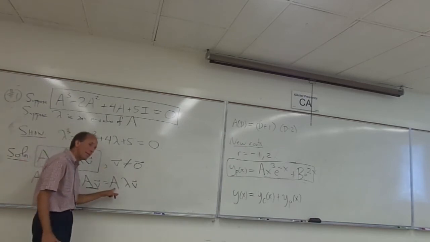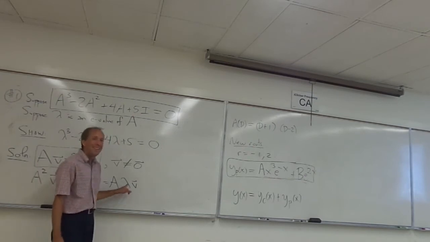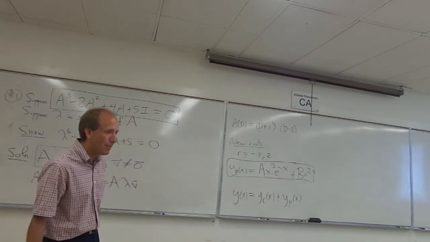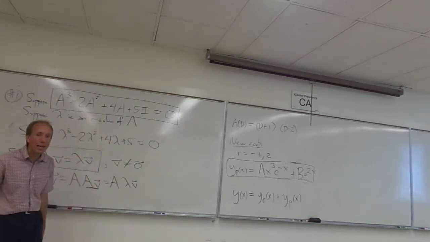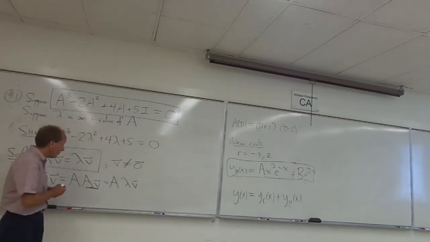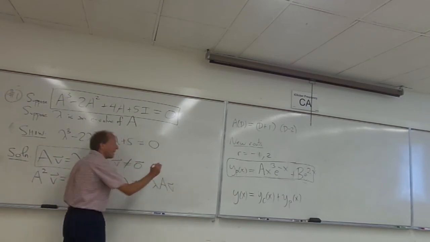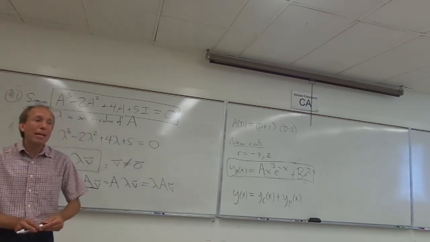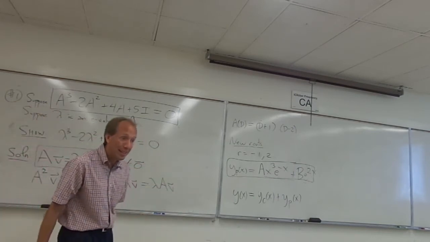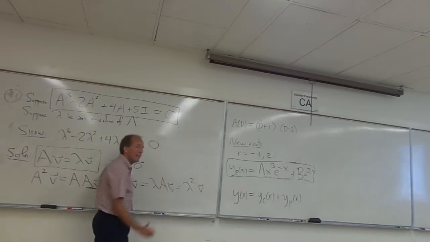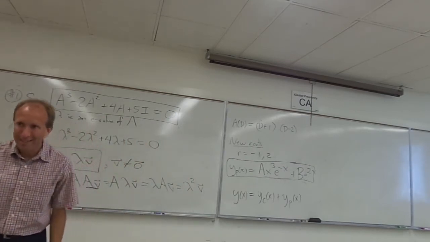This is a matrix, this is a number, and this is a vector. Three different objects in the same span of that right-hand side. Because the lambda is a number, we can pull it out, it's just a scalar. We pull the lambda out in front, and then we have the A next to the V again, don't we? So then we get another lambda, and do you see that you get lambda squared V?